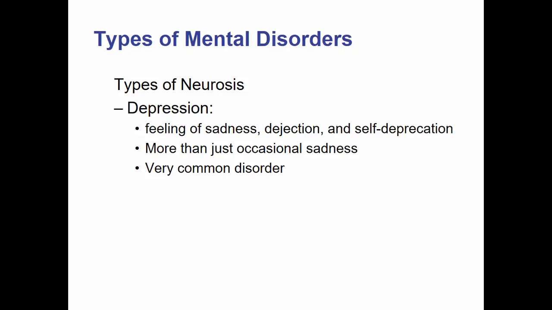And it is a very common disorder. A lot of people suffer from depression just once for a couple months and then it goes away. A lot of people have ongoing depression, and it is a disorder that is very treatable with medication and some therapy if that works for you.